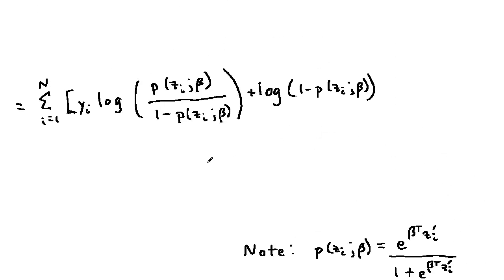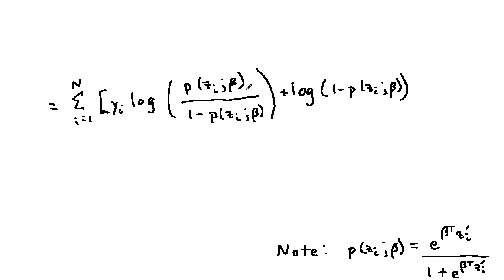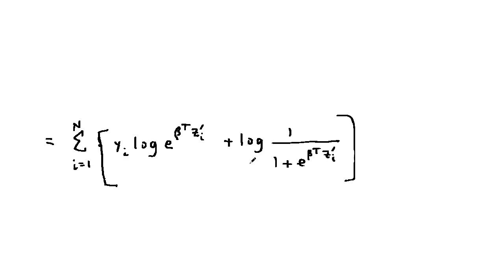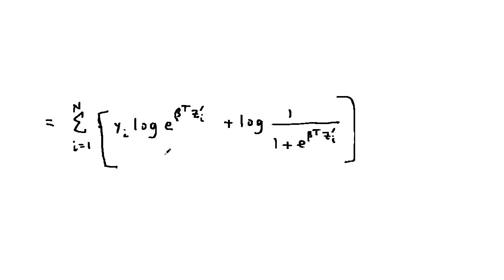Okay, so going back here, we can replace this part and this part. So we get this. Now, log of e to the power beta transpose zi prime, that's just beta transpose zi prime. Okay, and this part becomes log of 1 minus log of the denominator.